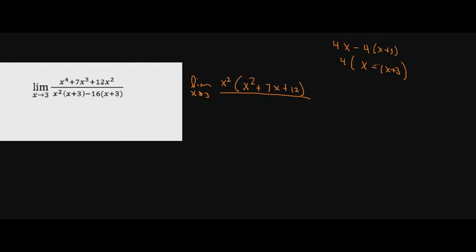Now you'll notice we distribute the negative across. We're going to get 4x minus 3, these cancel, and we get left with negative 12, because 4 times negative 3 gives me negative 12. And you can see all we did was just pull out a common 4. If you wanted to, you could have distributed this in here. We would have got 4x minus 12, and you see these cancel out, and we get negative 12.